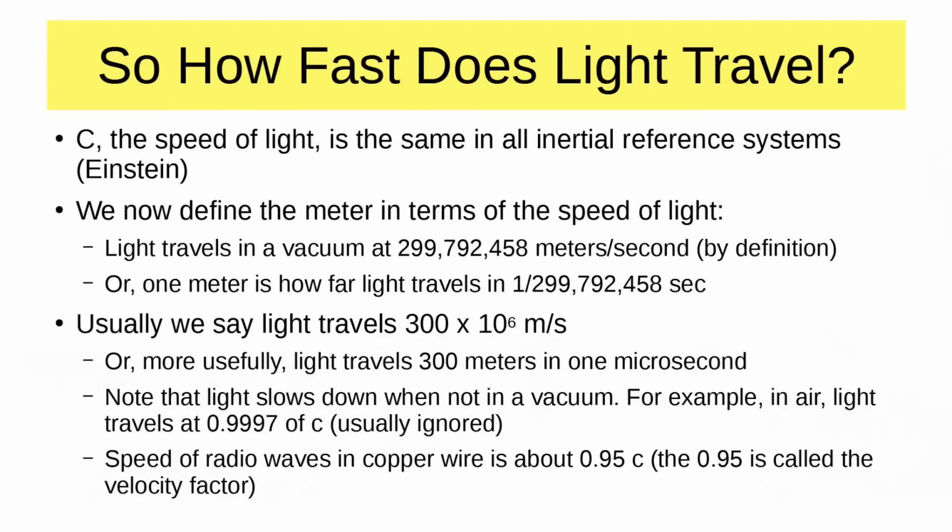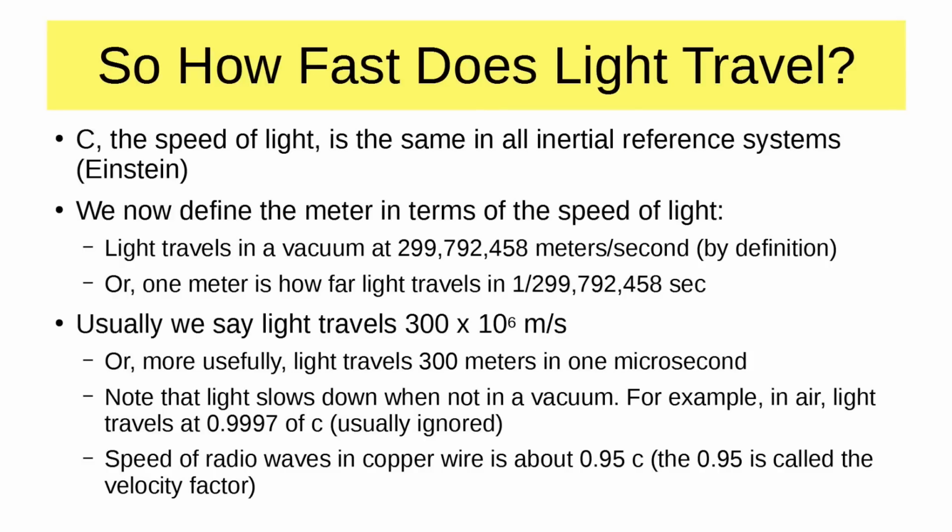So how fast does light travel? Well, c, the speed of light, is the same in all inertial reference systems. That's Einstein's big theory of, I think it's special relativity, that it doesn't matter how fast you're moving. If you're moving half the speed of light away from somebody else, to you, the speed of light stays the same.